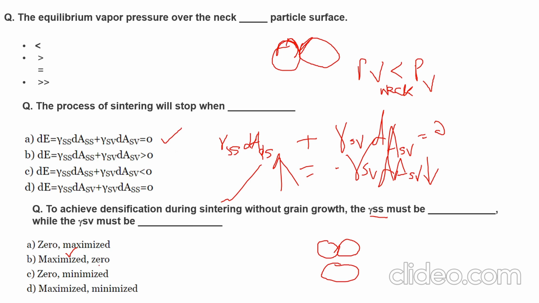So you have two things: your solid surface energy should be maximum, while your solid vapor interface energy should be zero, because then we'll be able to achieve maximum densification during the sintering process.